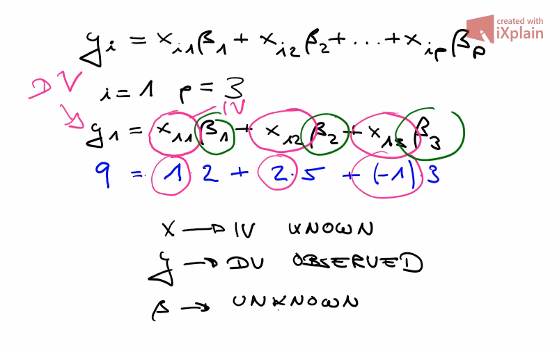So, for example, this y1, this 9 here, is something that you measured at a specific location in the brain. Let's say this is the value of the BOLD signal in primary visual cortex.